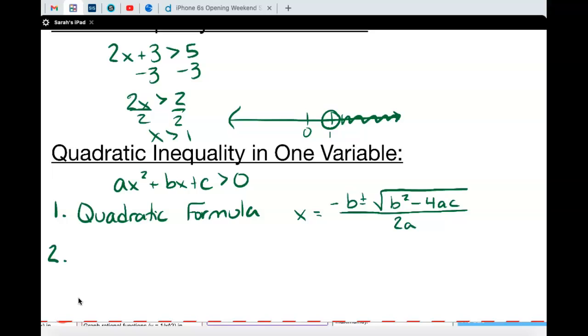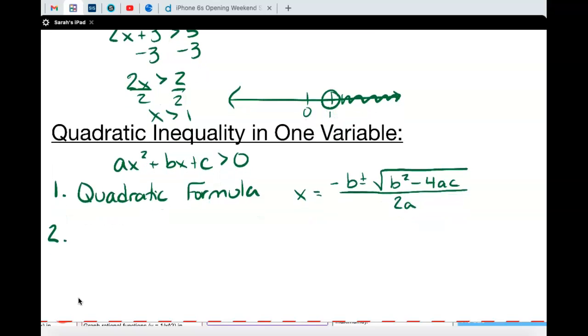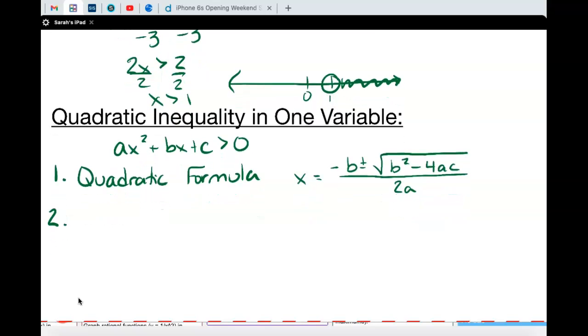Doing the square root and simplifying it takes a little bit of work. But it's foolproof. It works every time. That's nice about it. What is that formula? There is the vertex form, but that's not used to solve a quadratic. That's just a different way of writing a quadratic.